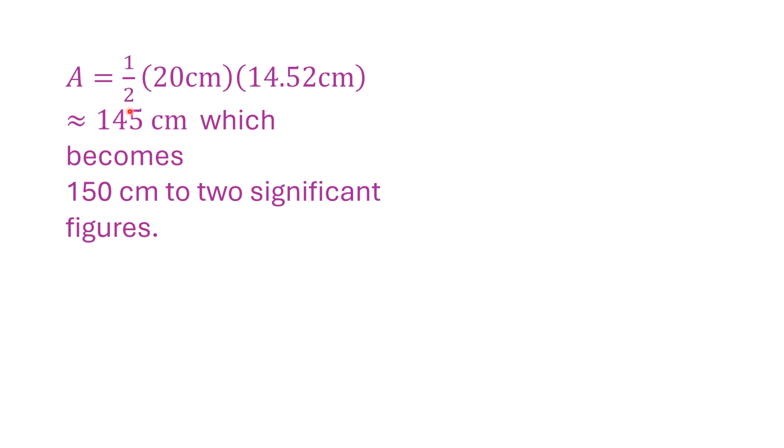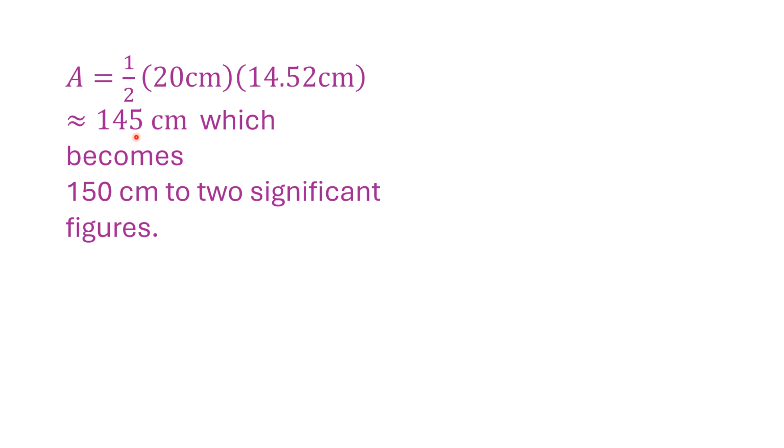Well, this is an easy calculation. I didn't even use my calculator, because I divide 2 into 20 and I get 10. 10 times 14.5 is 145. So I got 145 square centimeters, which I'm going to round off to 2 significant figures.